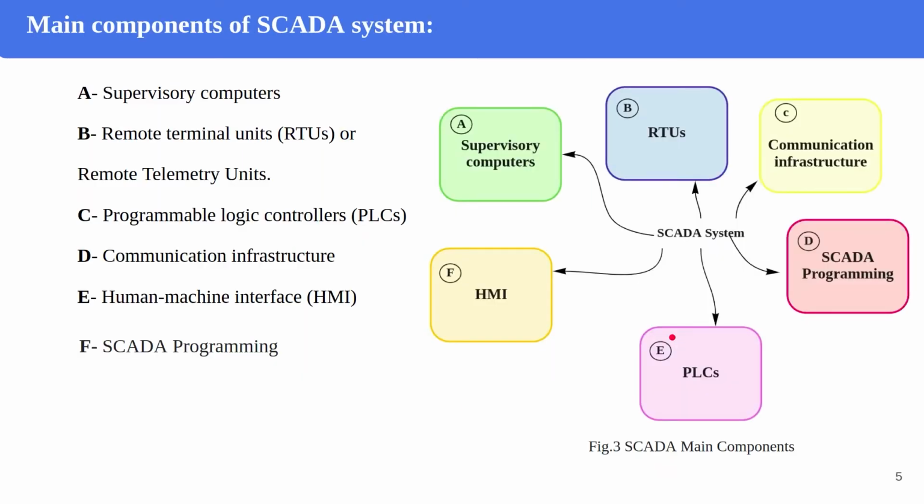And here I'm going to show you the main components of a SCADA system. As you see, we have both hardware and software here. SCADA hardware includes data collection devices such as sensors and relays, data processing devices such as programmable logic controllers, PLCs, or remote terminal units, RTUs, and data display devices like the human machine interface, HMI, or sometimes they call it a monitor.